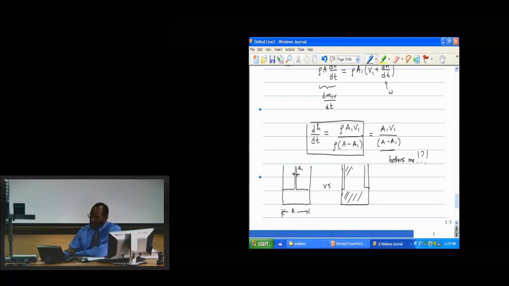And of course, in the limit of A equal to A1, it's already full. So dH/dt is infinite. It's instantaneously full. So this is okay. That's exactly right. And so the whole point here is that you do have to be careful about the choice of control volumes, and you have to just be aware of what's going on.